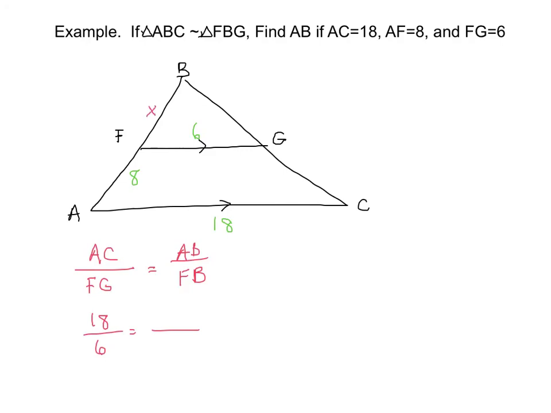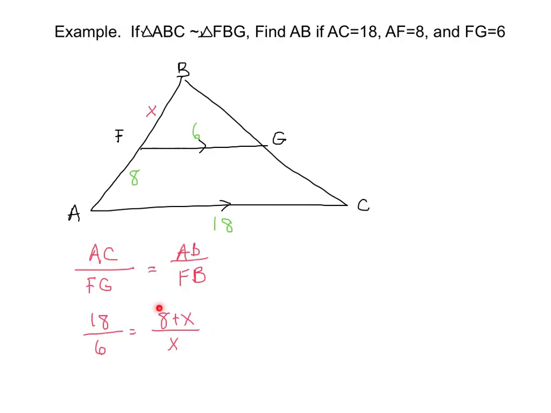Now we can substitute x down here. How about AB? AB, this entire left side, is 8 but also a little bit of x. So it's 8 plus x. On top we have 8 plus x.